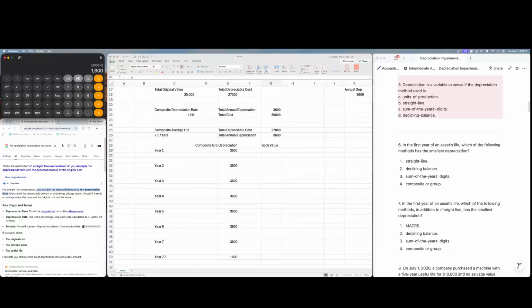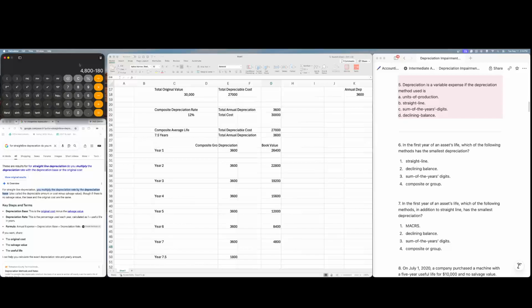So the original book value is 30,000 minus the annual depreciation, 3,600: 26,400, 22,800, 19,200, 15,600, 12,000, 8,400, 4,800.